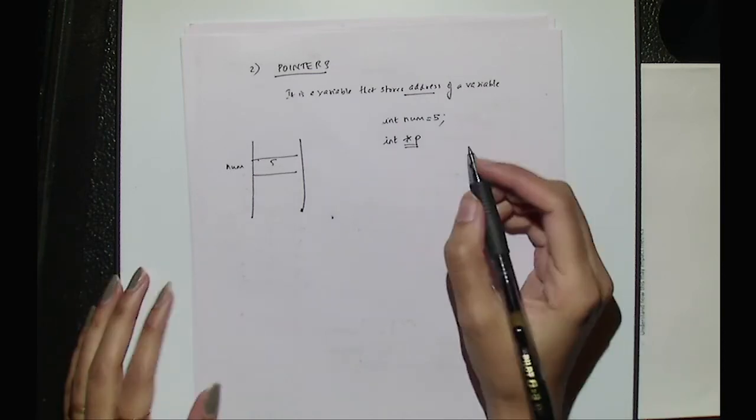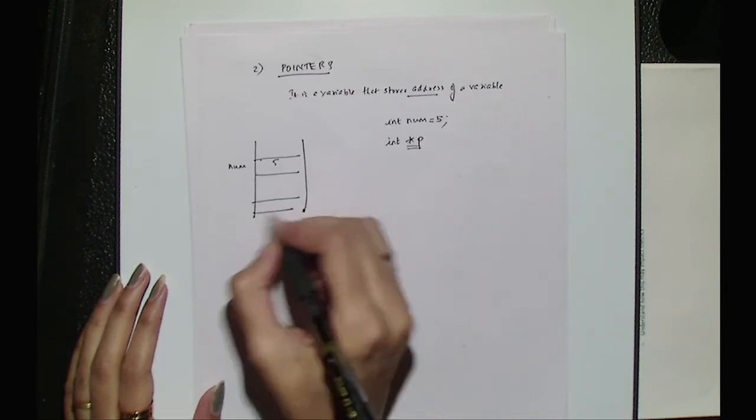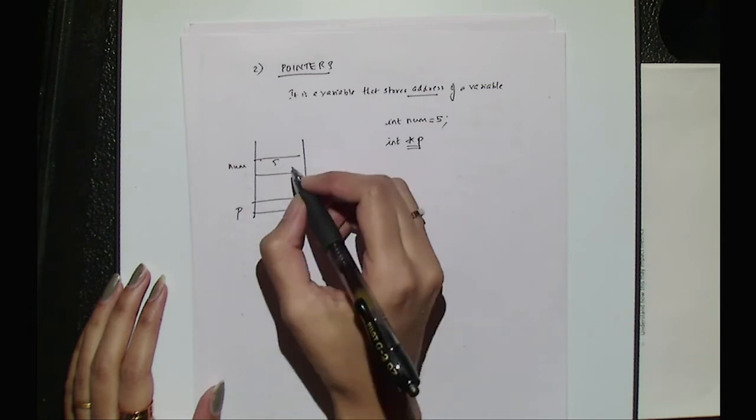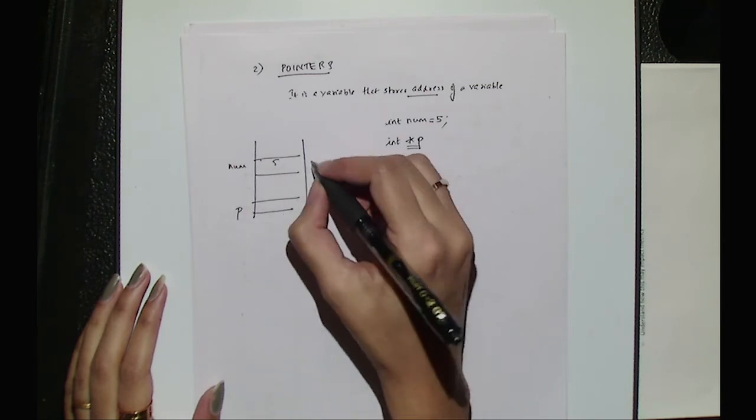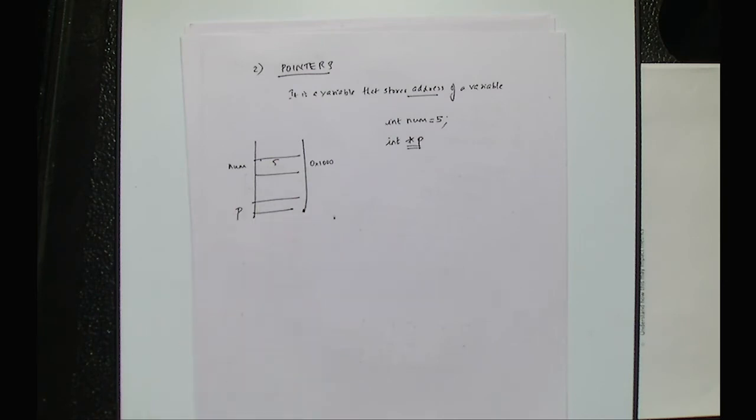Okay? And this is P. Let me say that the address of this particular variable num is 1000. I want P to hold the address of num, because P is a pointer, right?